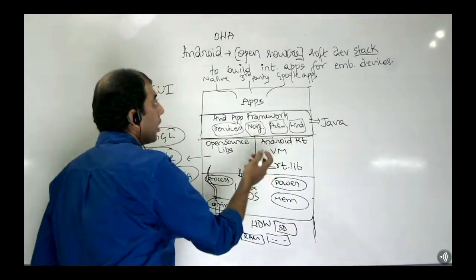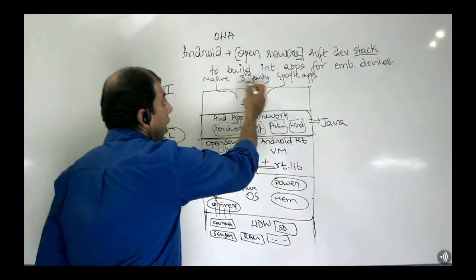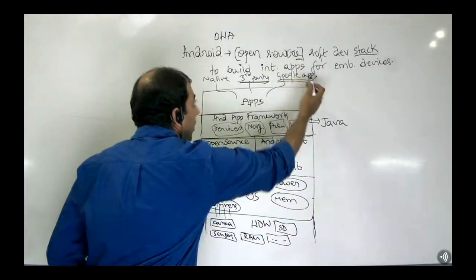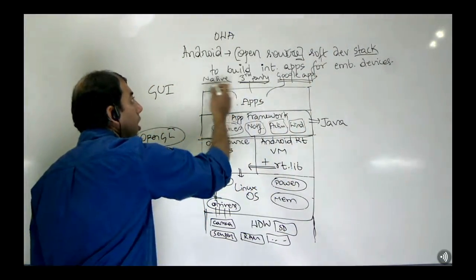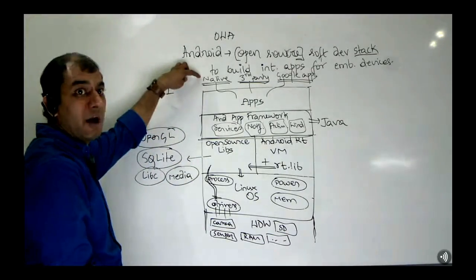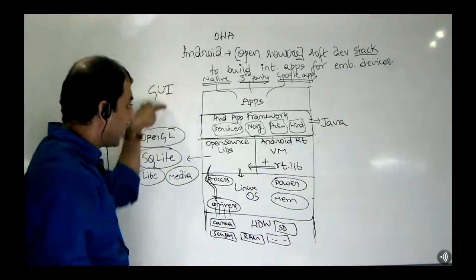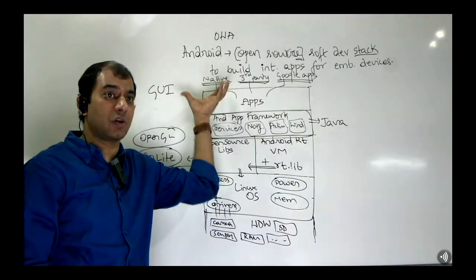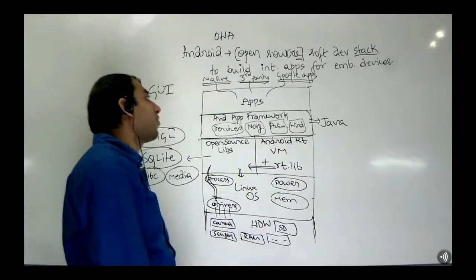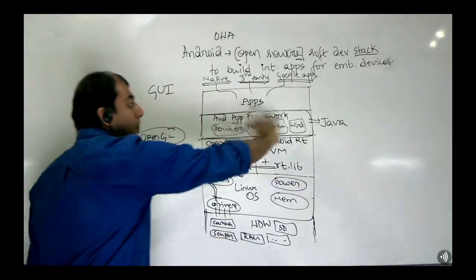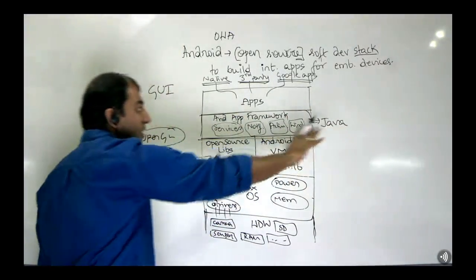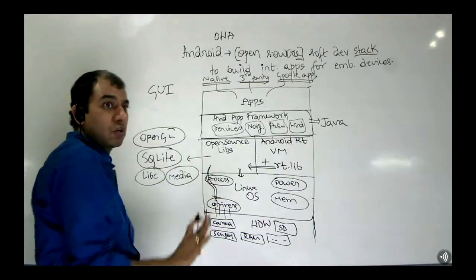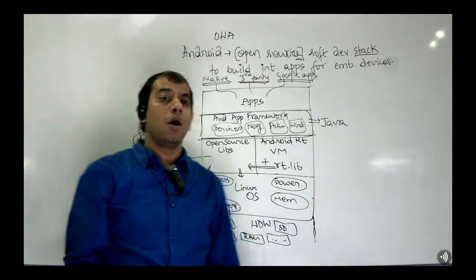And here is the beauty: applications can be built by Google itself, who owns Android, or another application can be built which are native apps. Native apps directly communicate with open source libraries. You can build them in C, C++. For particular types of apps that we want to build, we want to bypass this application framework. We want to bypass Java. We can directly communicate with open source libraries and build apps as well.